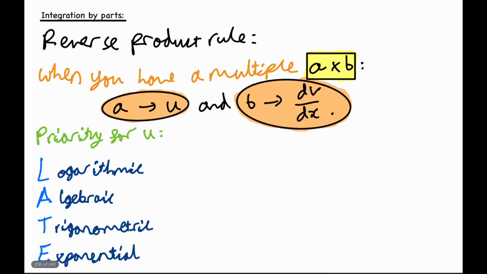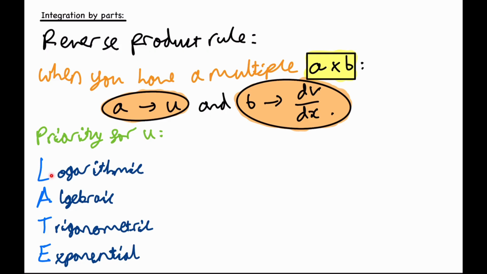And then there's always a priority for u depending on whatever function it is. If it's a logarithmic function, it has the most priority for u. So if a is a log and b is something else, you would always make your u the log function. While if you have an algebraic and either of the other two as your b, always make your u the algebraic, unless you have a log, which obviously has more priority.